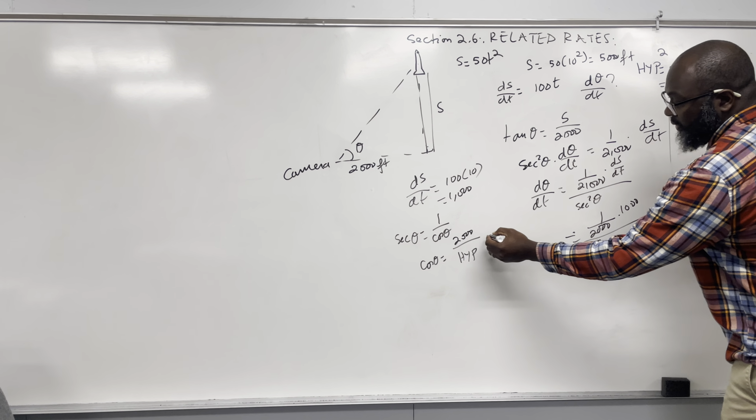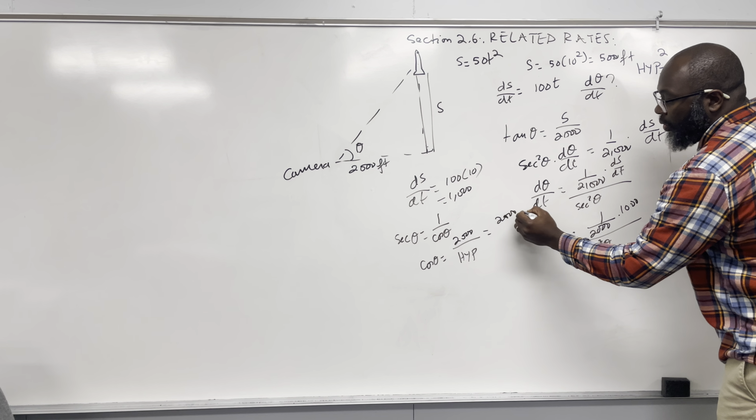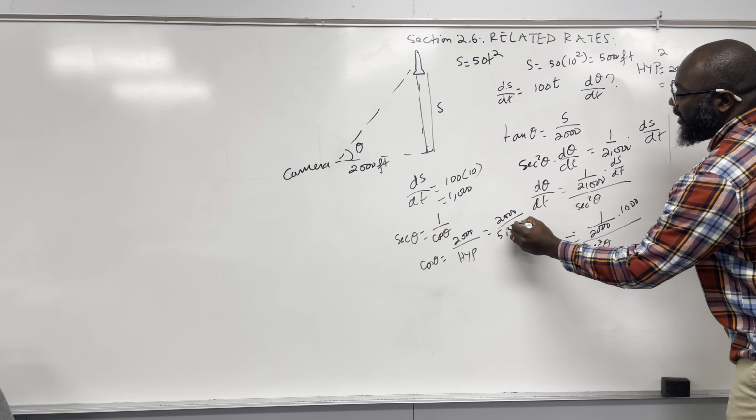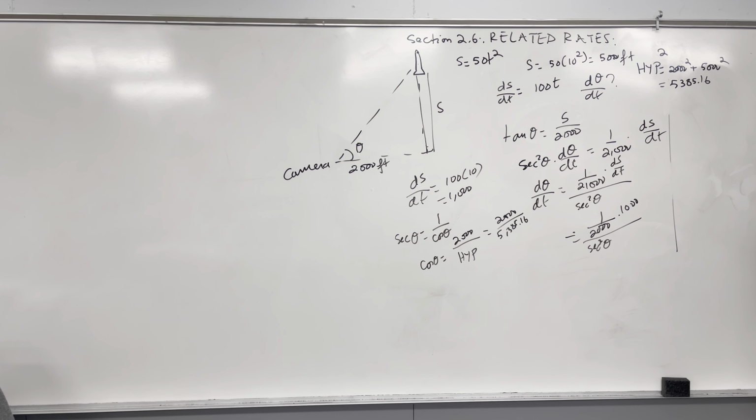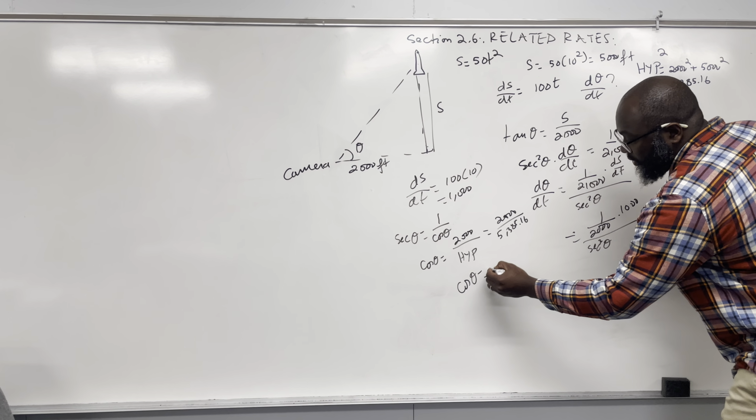And now to find cosine, you do 2,000 over 5,385.16. So tell me what that gives you. What did you get? 0.37. Cosine theta is 0.37.